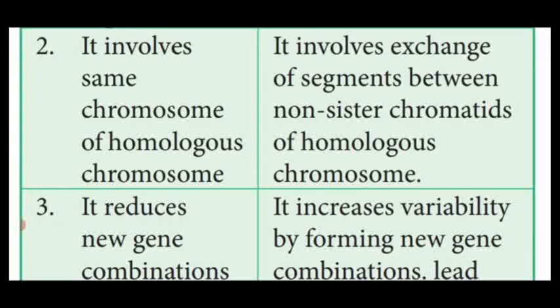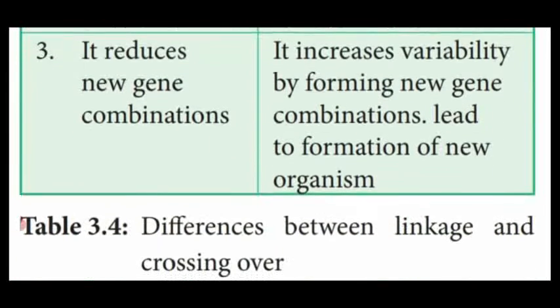That is said to be crossing over. Next, linkage reduces new gene recombination. That means there is no newly formed gene recombination. But crossing over increases variability by forming new gene combinations, leading to formation of new organisms.